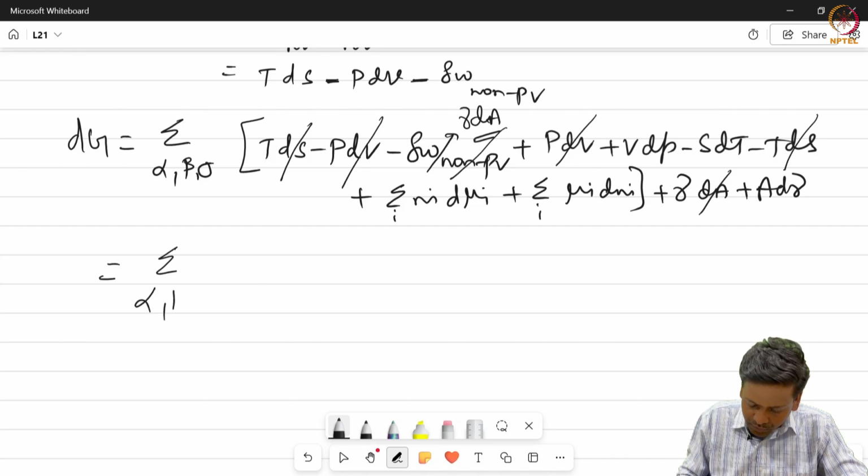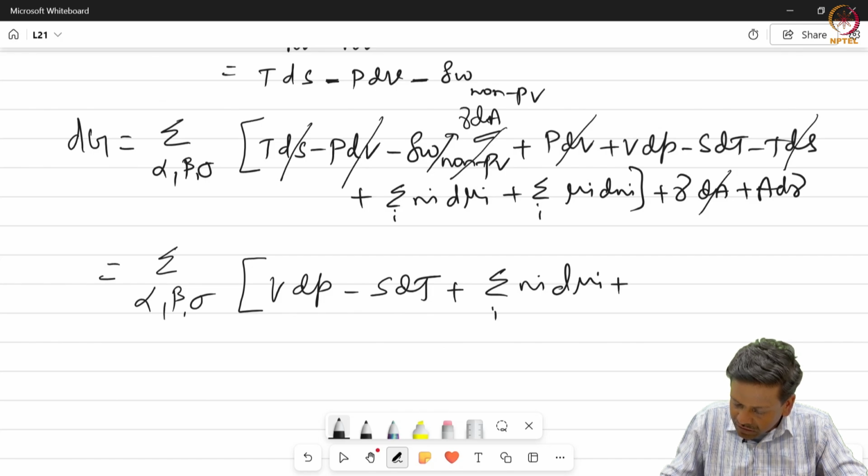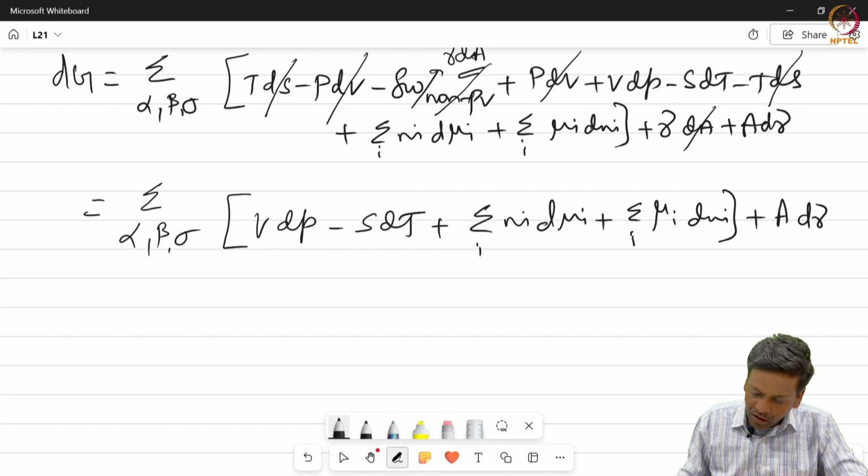You will have very few terms now: VdP minus SdT, plus summation over i of N_i d mu_i plus summation over i of mu_i dN_i, plus A d gamma. So, this is what we have.